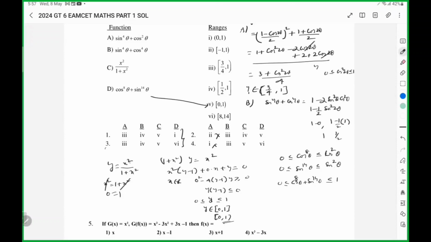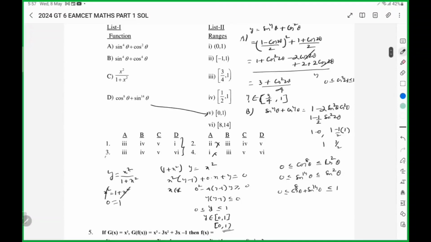Here, for the same theta, you better write less than 1. For same theta 0, if you take theta as 0, cos square theta plus sin square theta is 1.